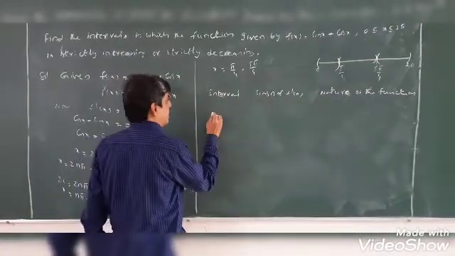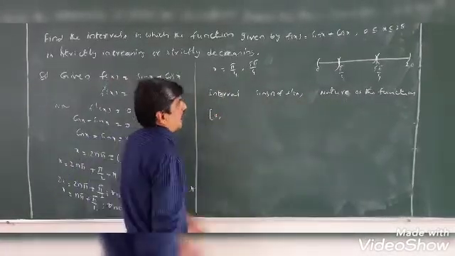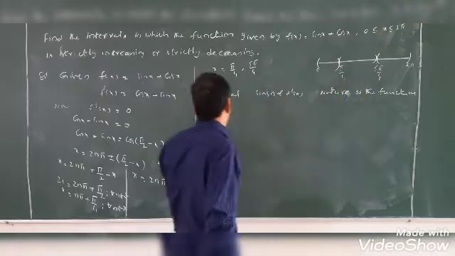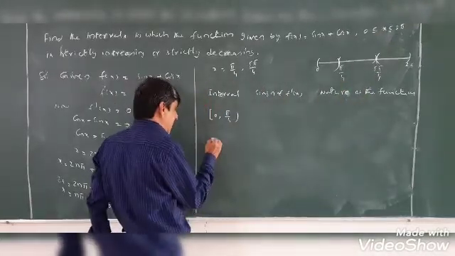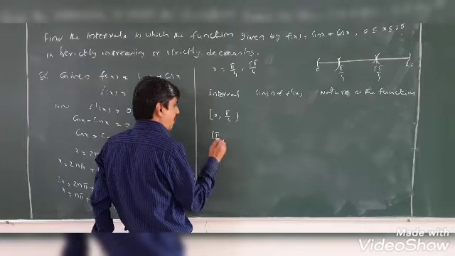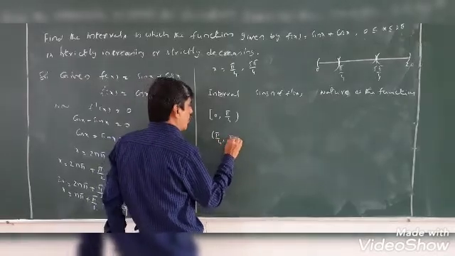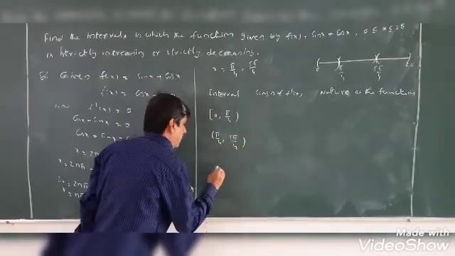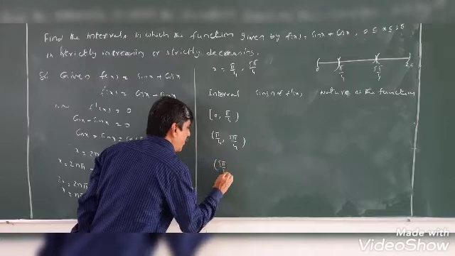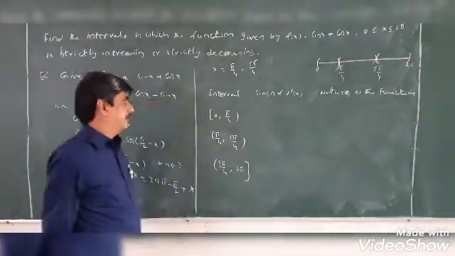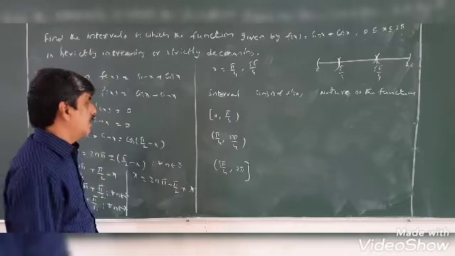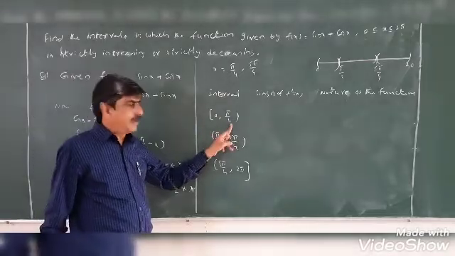The first interval is the closed-open interval 0 to pi by 4. The next interval is the open interval pi by 4 to 5 pi by 4. And one more interval is the open-closed interval 5 pi by 4 to 2 pi.